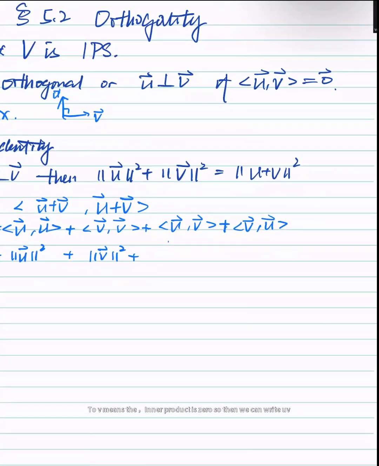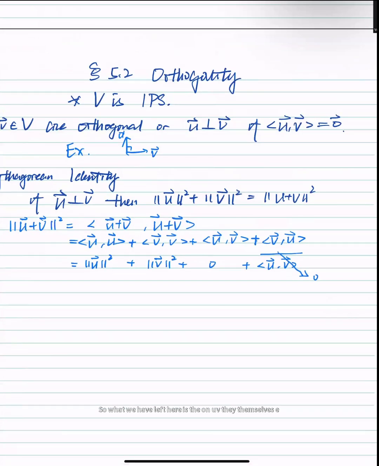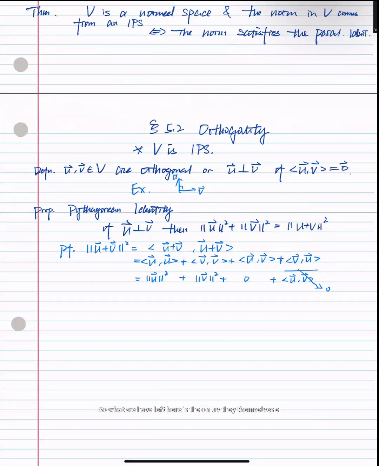So we can write the inner product of u and v to be zero, and the same thing for v and u, it's the conjugate of zero, which is also zero, because zero is a real number. So what we have left here is the norms of u and v themselves.